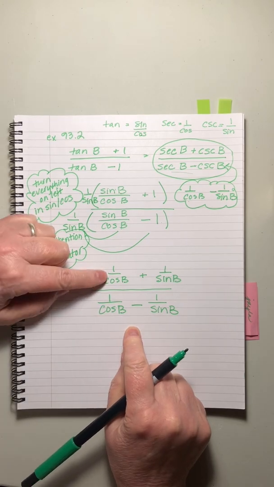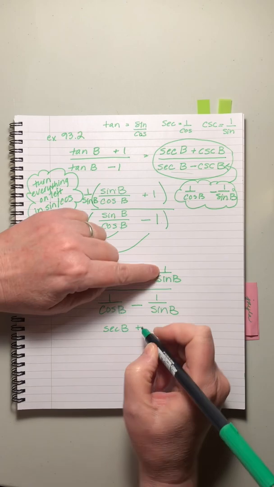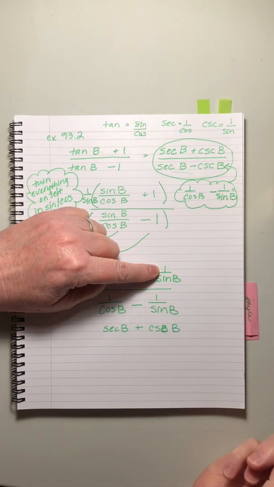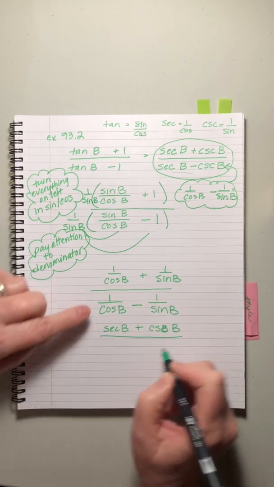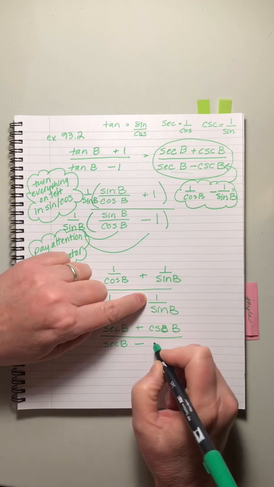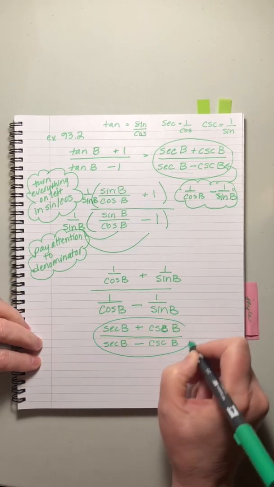So I can rewrite this. 1 over cosine of B is secant of B plus, and this is cosecant, whoops, of B over 1 over cosine of B is secant of B minus cosecant of B. That is exactly what I was going for.